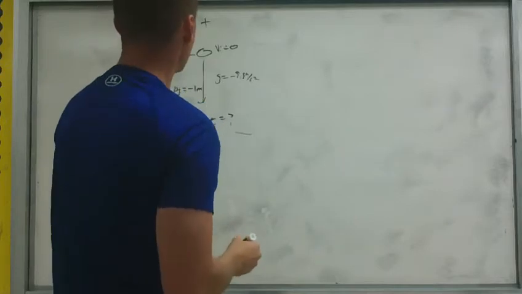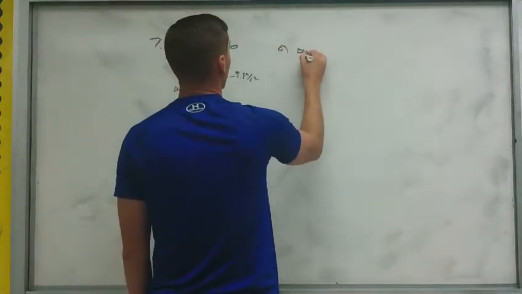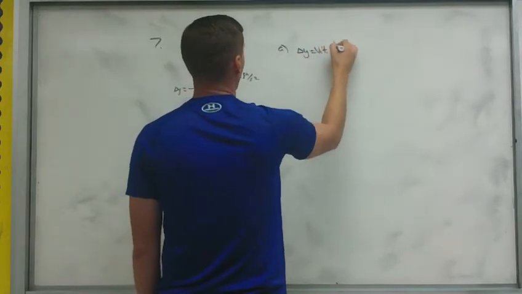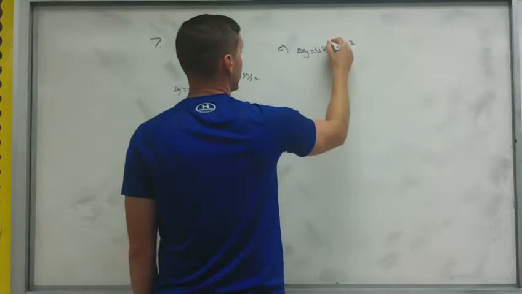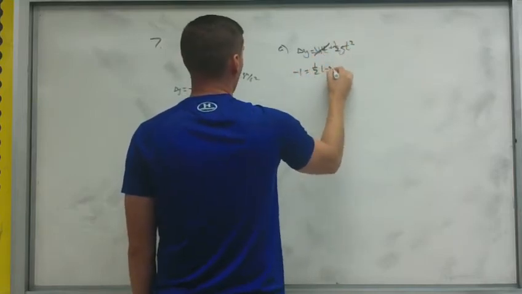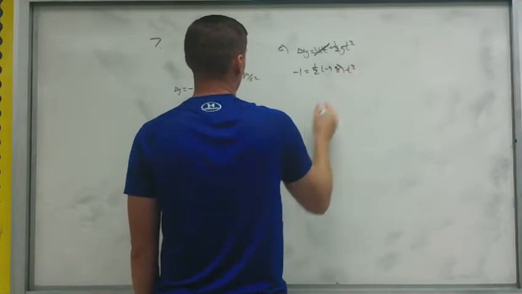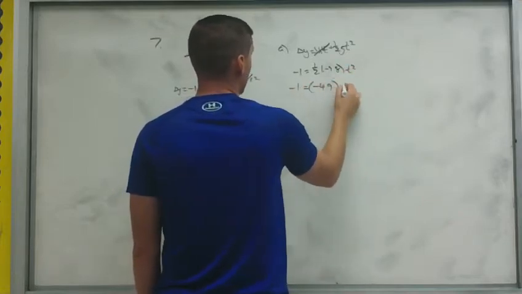Look at your equations here. You could use this one. So for A, you use delta y equals v_i t plus 1/2 g t squared. v_i is 0, it goes away. Negative 1 equals 1/2 times negative 9.8 t squared. Solve. Negative 1 is negative 4.9 t squared.